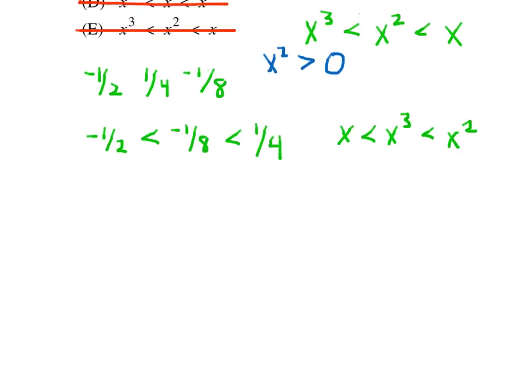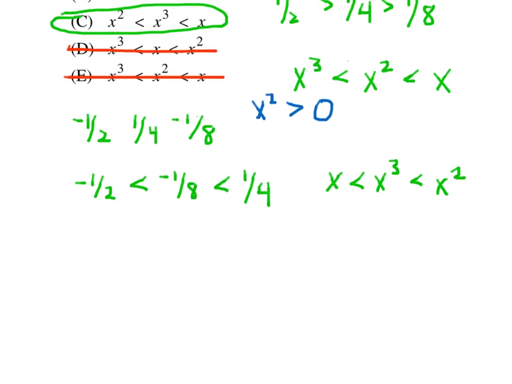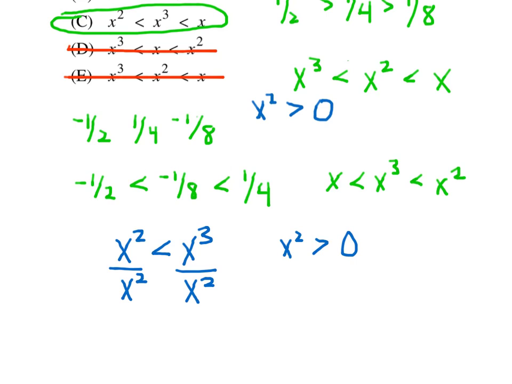So let's leave that on the screen so we can see it. If we have x squared less than x cubed, we know that because x squared is positive, we can divide both sides by x squared, and it doesn't change the direction of the inequality. That tells us x is bigger than 1. That would be if this inequality were true. X squared less than x cubed.